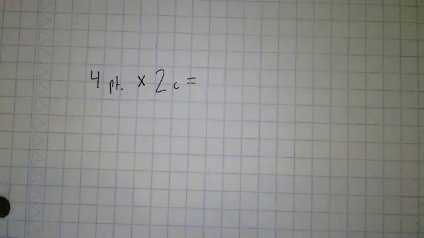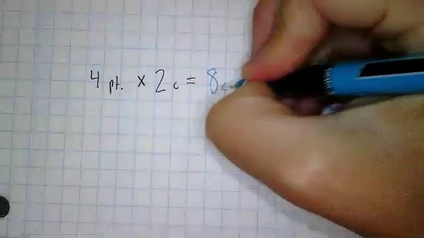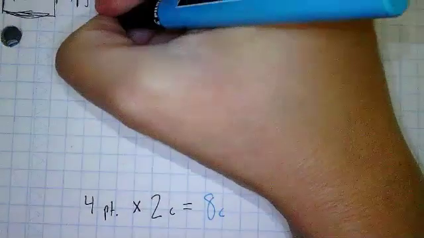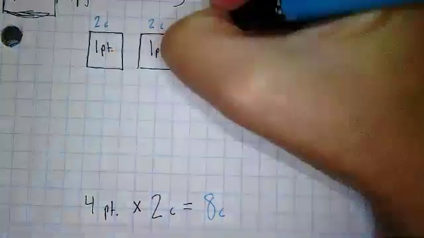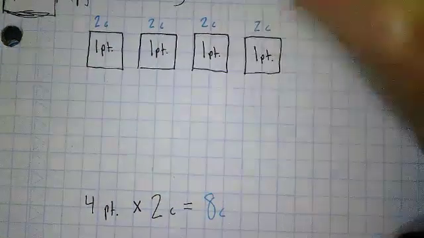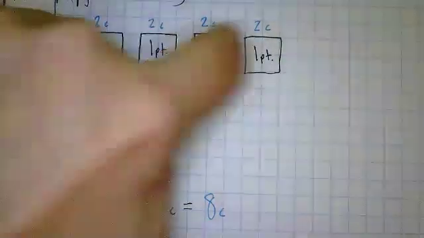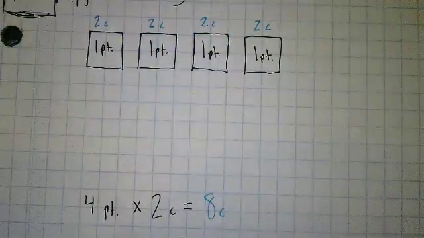Lily? 8 cups. If we look here, each pint has 2 cups in it: 2 cups, 2 cups, 2 cups, 2 cups. If you add those all together, 2, 4, 6, 8, we get 8 cups in 4 pints.